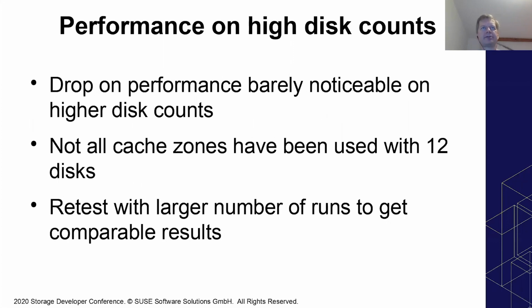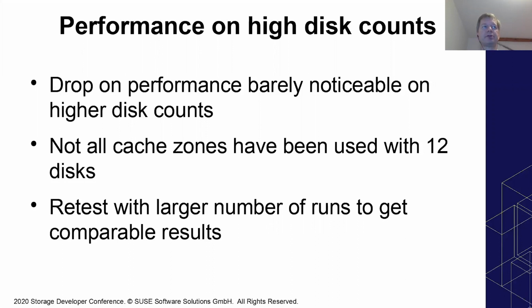On high disk counts, we have seen that the drop in performance doesn't really show up on the slides anymore. But we've also seen that for 12 disks, not all cache zones have been used, which does indicate that we simply haven't tested long enough to observe the drop, because eventually the number of free zones will drop to 0.